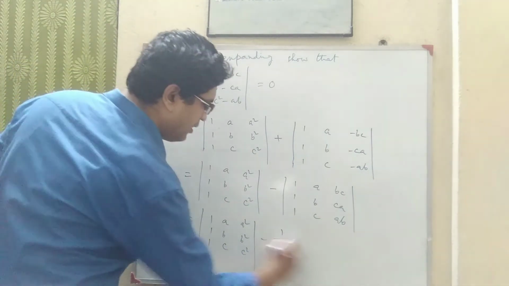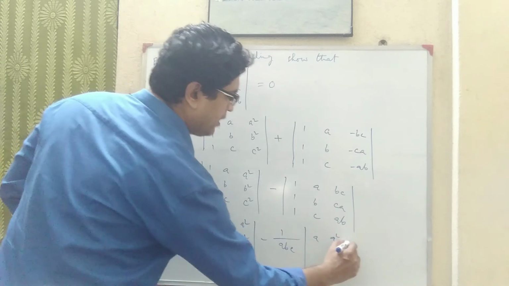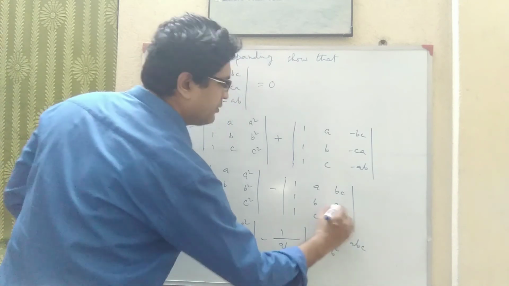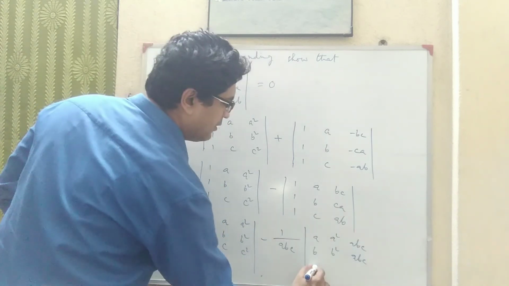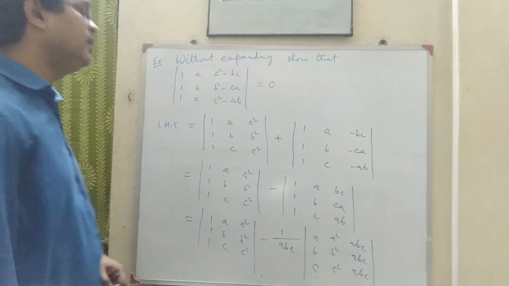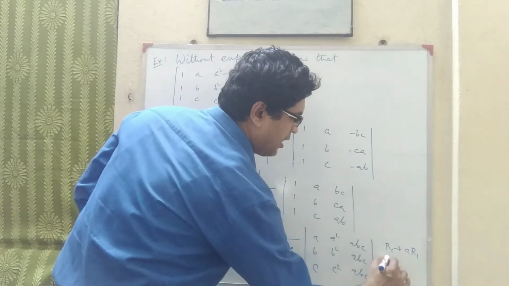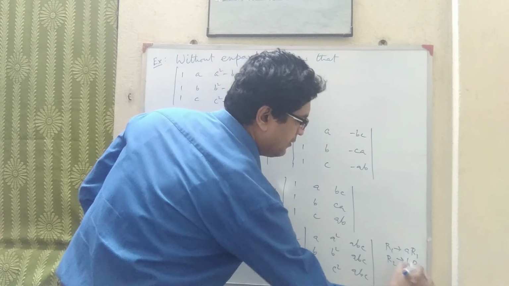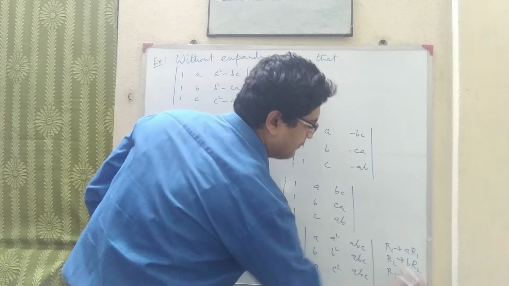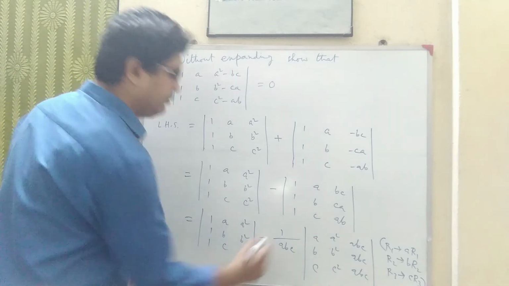So we have to divide by a, b, c. Multiplying the first row by a, we have a square, a, bc; b, b square, and here also abc; c, c square, here also abc. So the operation here is R1 multiplied with a, R2 multiplied with b, and R3 multiplied with c. And as we have multiplied, so also we have to divide.